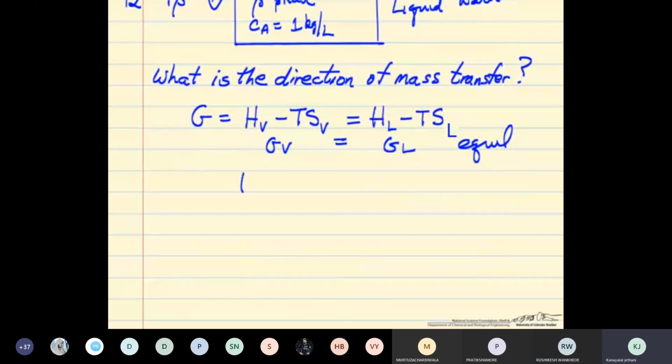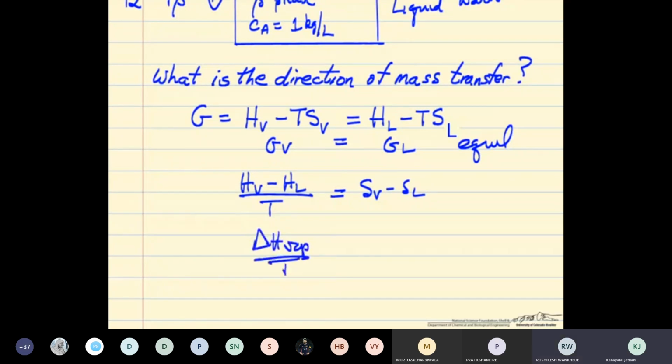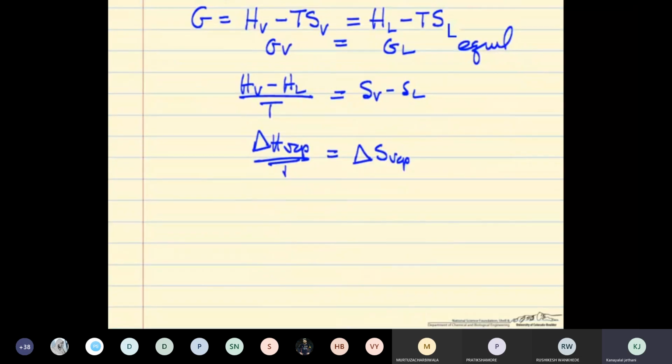If we rearrange this equation, we know it's H vapor minus H liquid over temperature is S vapor minus S liquid, which means delta H of vaporization over temperature is equal to delta S of vaporization. Heat of vaporization divided by temperature is the entropy change of vaporization.